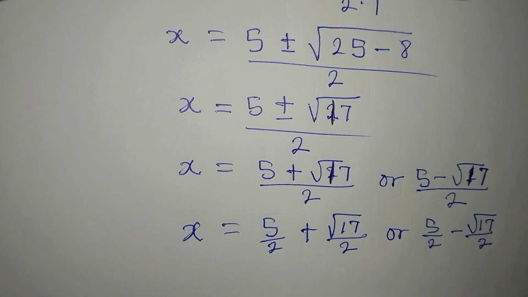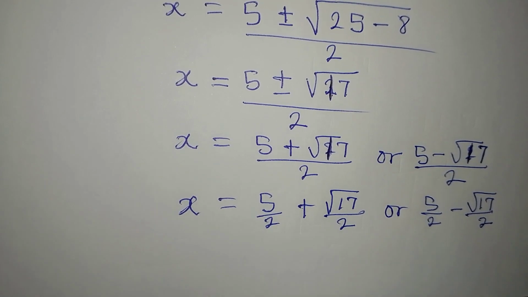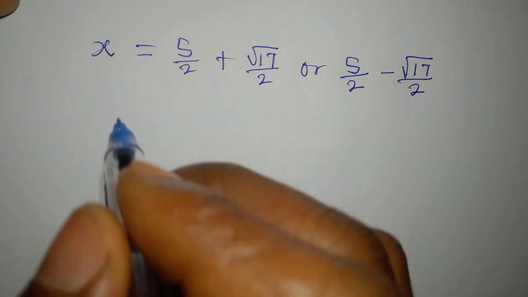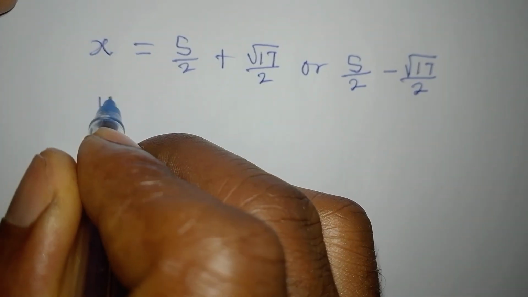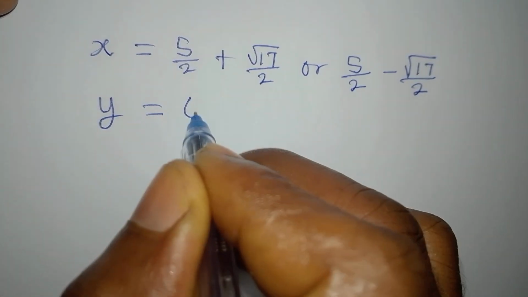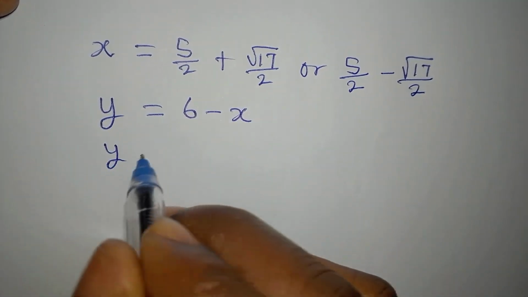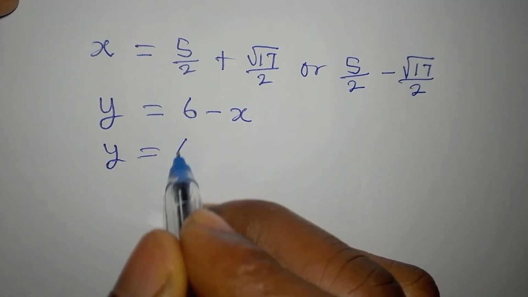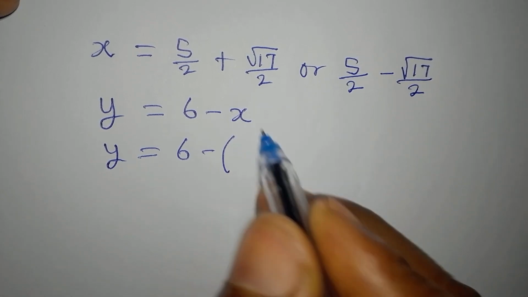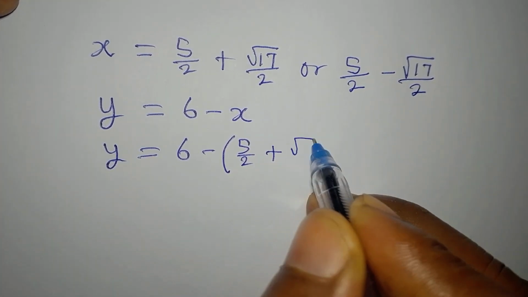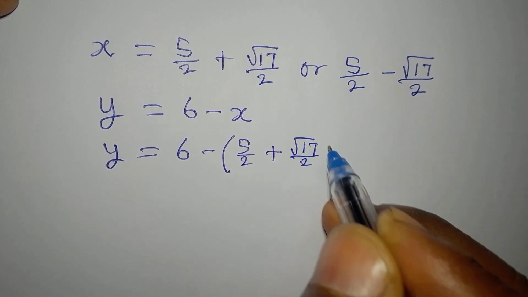So these are the two values of x, and we need our equation 3 back so that we can get the value of y. Okay, so our equation 3 is y equals 6 minus x. Now let's go. y will now be 6 minus open bracket, our x is 5 over 2 plus square root of 17 over 2.